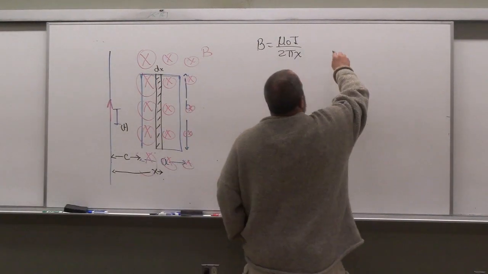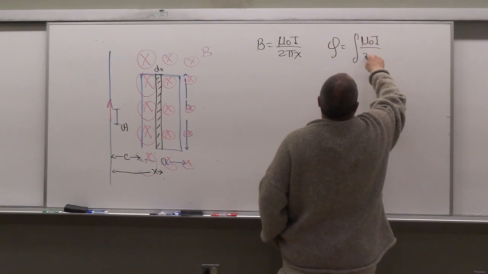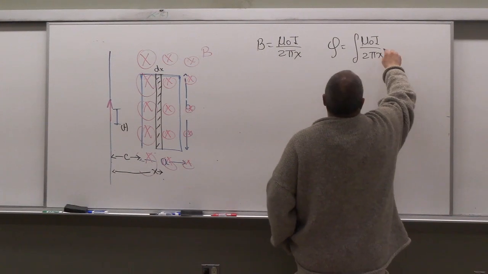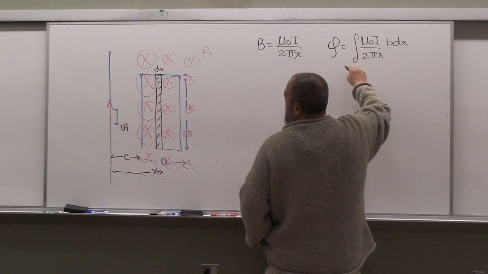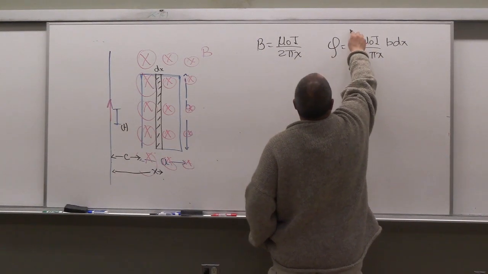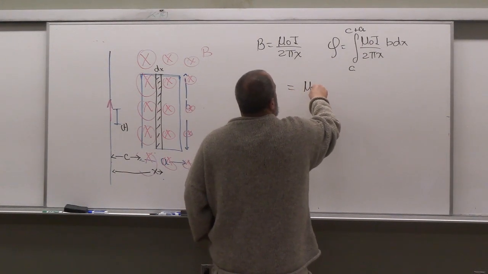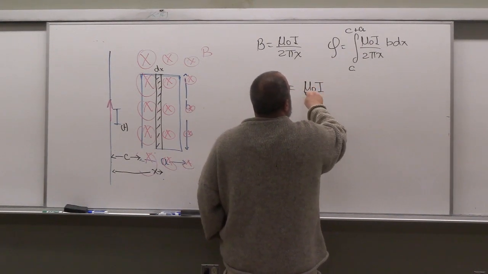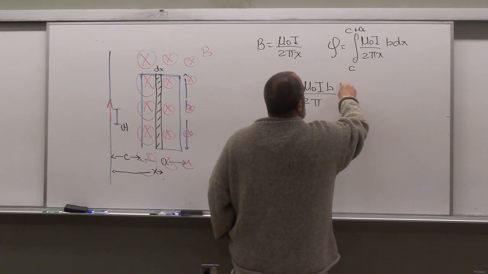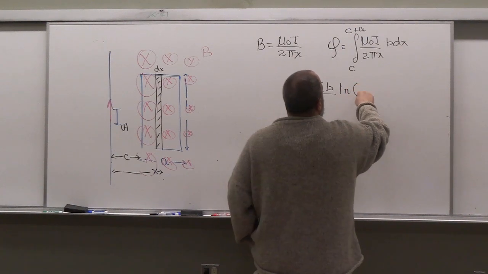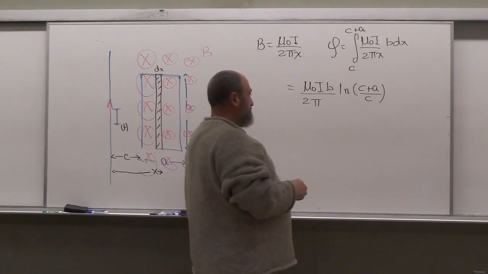So the flux is equal to the integral of mu naught I over 2 pi x multiplied by b dx, going from C to C plus A, and that gives us mu naught I over 2 pi b ln of (C plus A) over C, right?